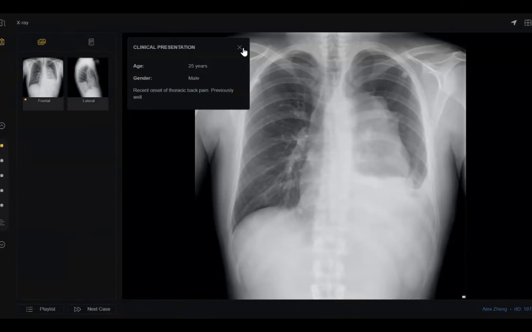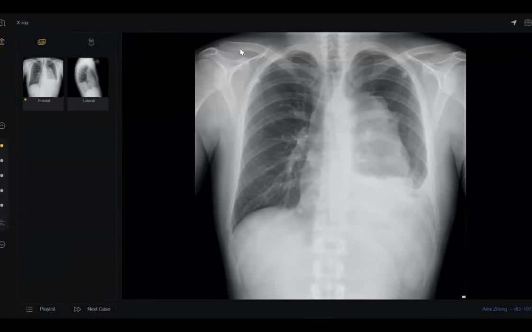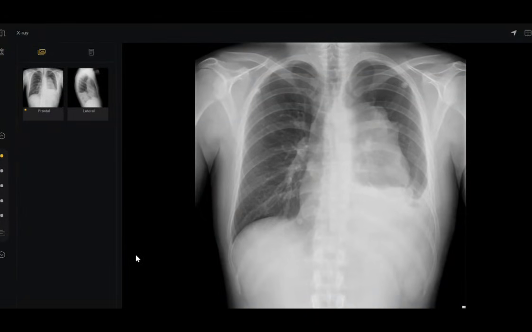A 25-year-old male patient presented with a history of chest pain. I've been presented a frontal chest radiograph. The dominant abnormality I see on the chest X-ray is on the left side.